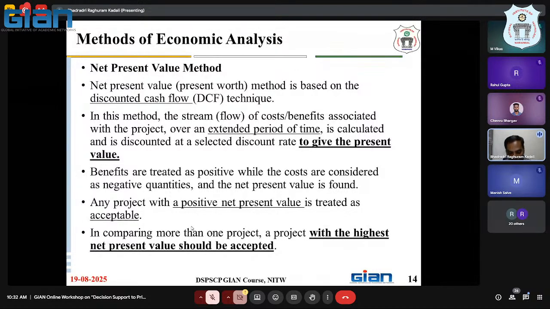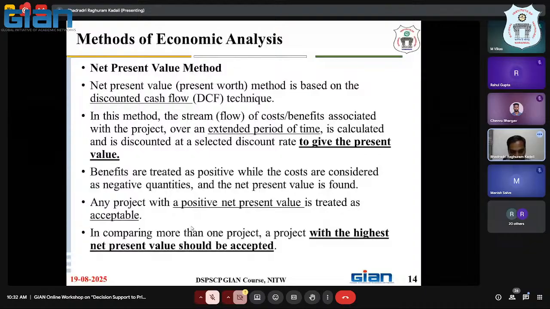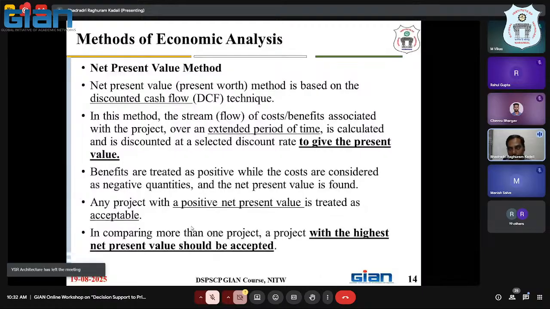If this benefit value is the highest and positive, then the project can be accepted for implementation. That is the viability of the project.